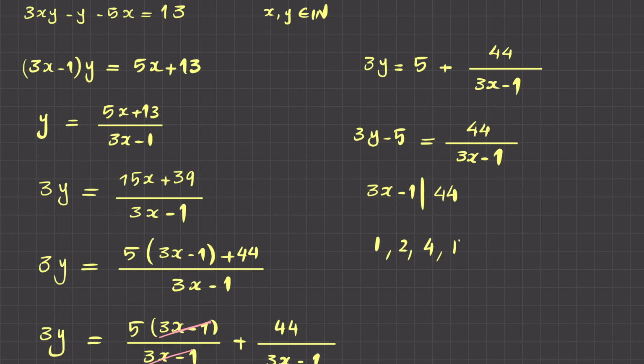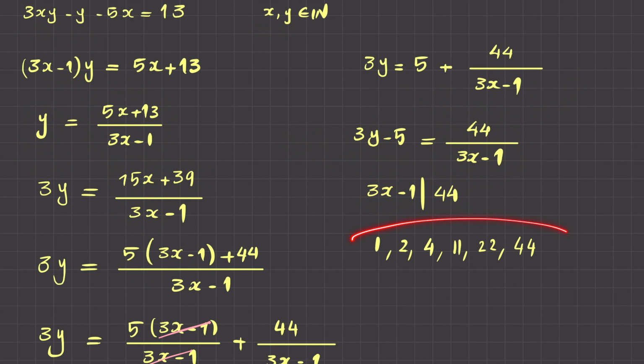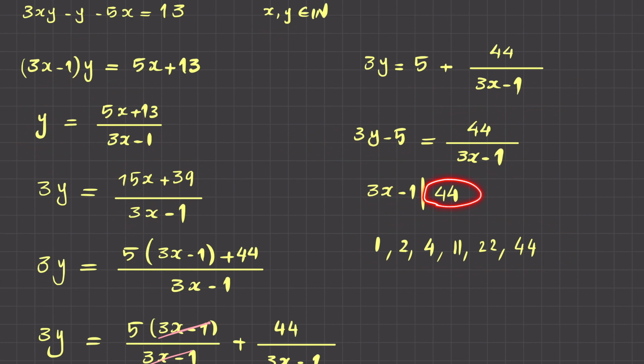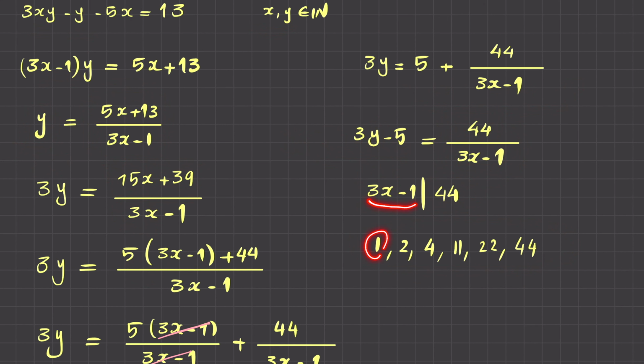And then 11, and then 22, and finally 44. What is this list? This is the list of all natural numbers by which 44 is divisible, nothing else.